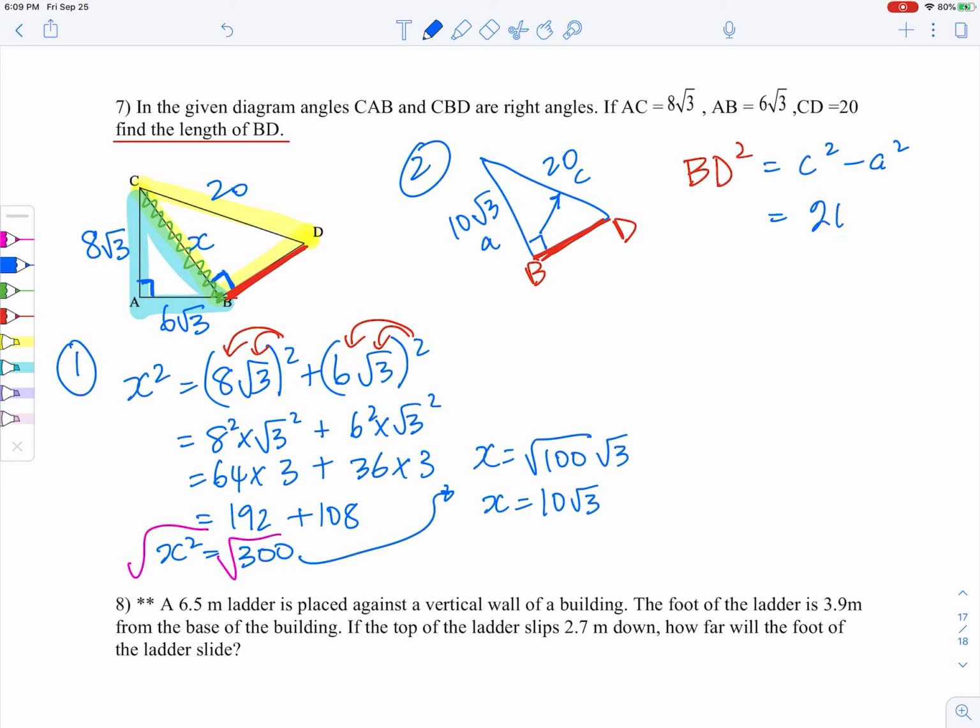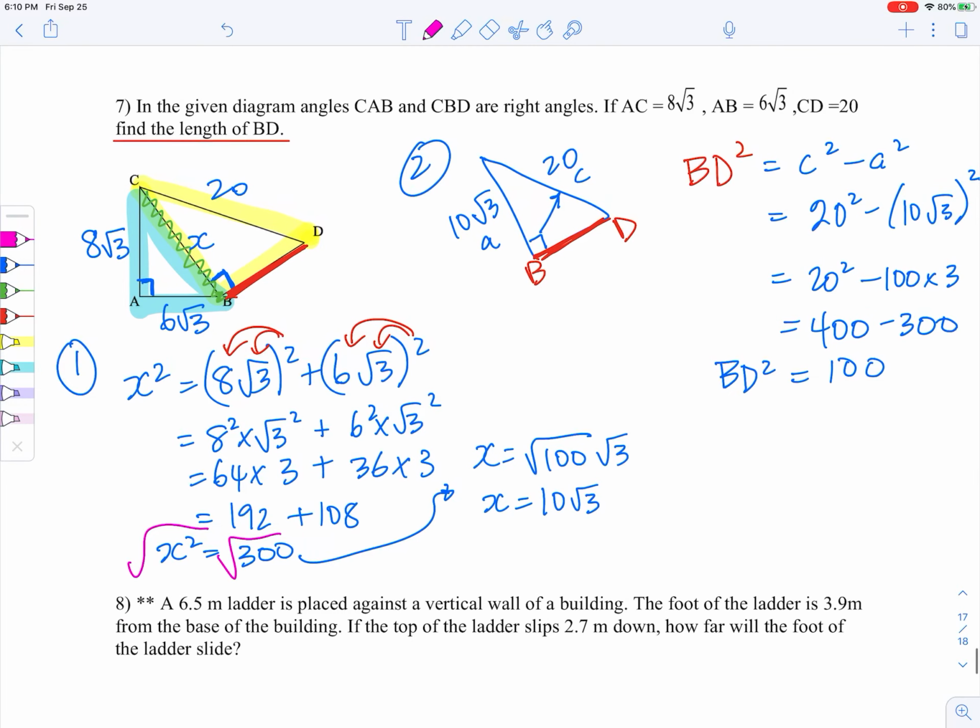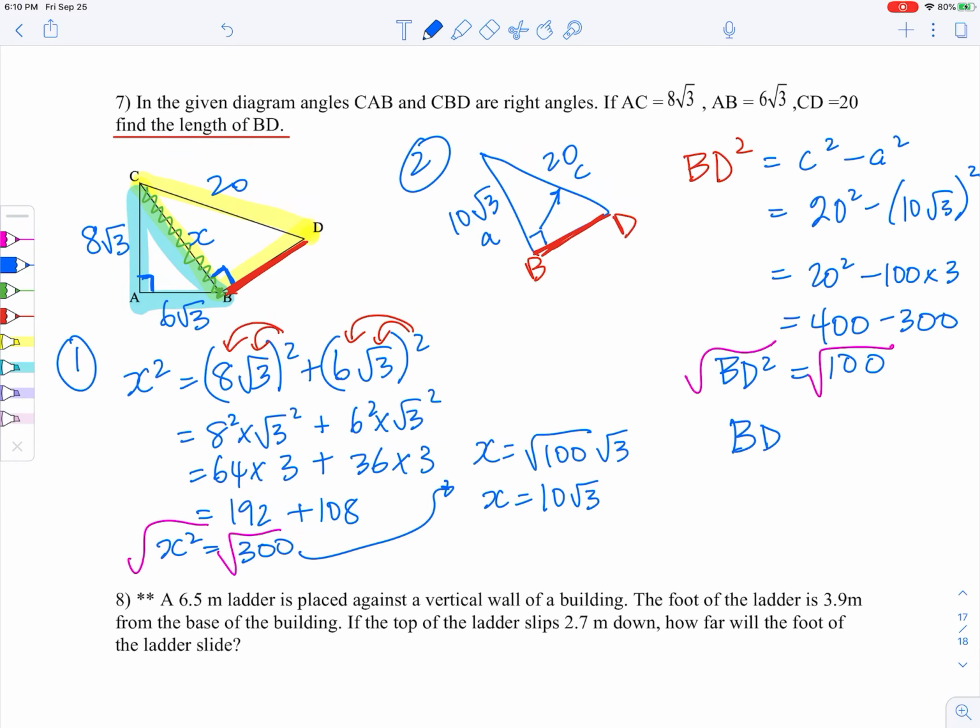So it's going to equal 20 squared minus 10 root 3 squared. So that's going to be 20 squared minus 100 times 3. I've just squared both parts of those things. So that's 400 minus 300. So BD squared equals 100. But we want BD, so we square root both sides, and we get that BD equals 10.